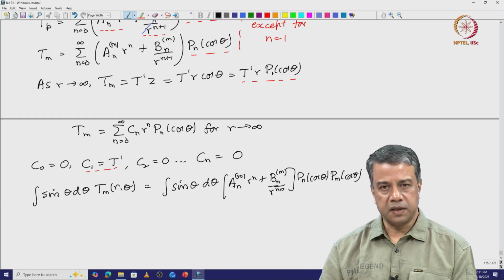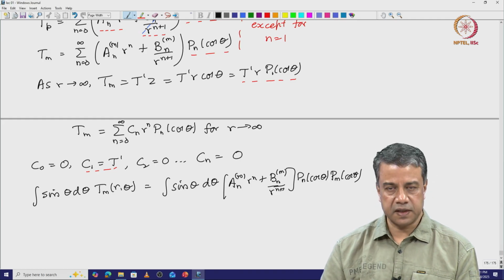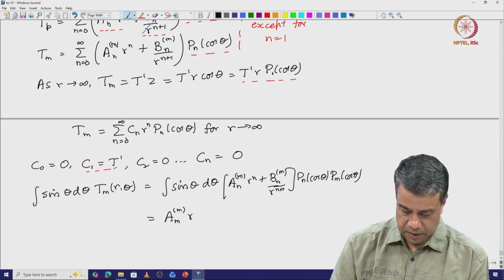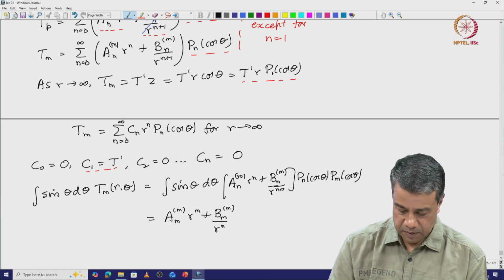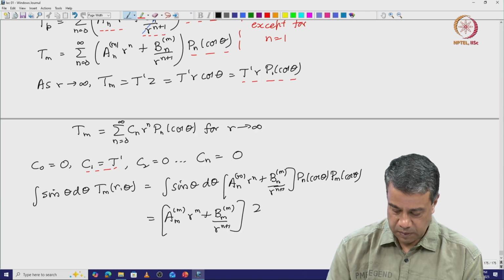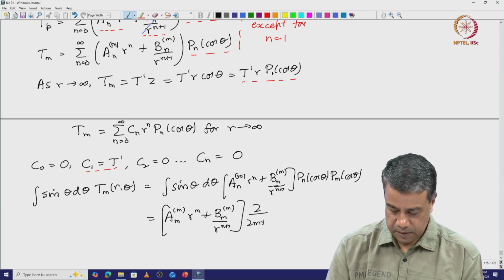And these are orthogonal. So, on the right hand side I will have a non-zero term only for n equal to m. So, this will just be equal to A m matrix r power m plus B m matrix by r power m plus 1, times 2 by 2m plus 1.